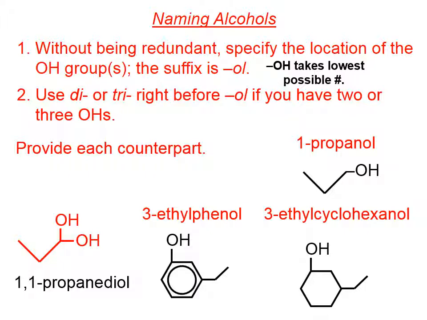In the case of 3-ethylcyclohexanol, there are two hydrogens hanging off right there, two hydrogens hanging off that carbon, two hydrogens hanging off that carbon, two hydrogens hanging off that carbon, and in fact, one hydrogen hanging off of this carbon, and one additional hydrogen that's not shown hanging off of this carbon right here.